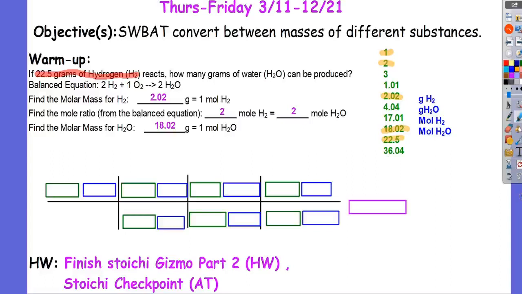Okay, so now we have our equivalency statements, and we know which values we're going to need. Now it's time to start filling out this grid. So the first thing that we always want to place in our very first box is our given. So I have 22.5 grams of hydrogen gas.